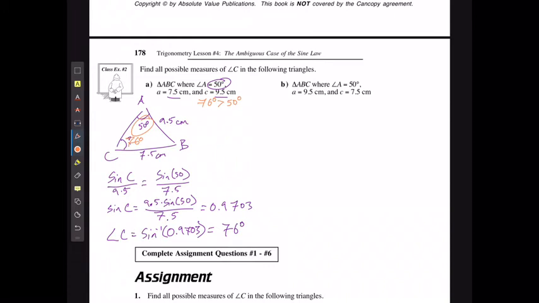So that means I could have a second triangle where C is going to be obtuse, which means I'm going to draw this a little bit differently, so that I can see that this is still going to be 50.